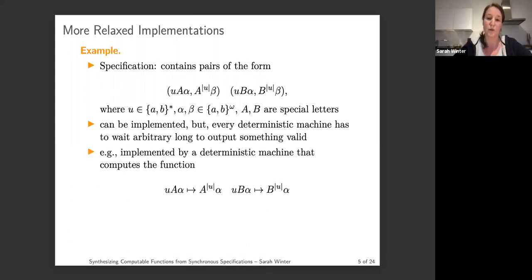Okay, and one of many possible implementations for the specification is a deterministic machine that computes the following function. UA alpha is mapped to the word A^|U|, and then the input alpha is copied, and the same for B. If we have a string UB and the remainder alpha, then we map it to B^|U| and copy the remainder of the input.